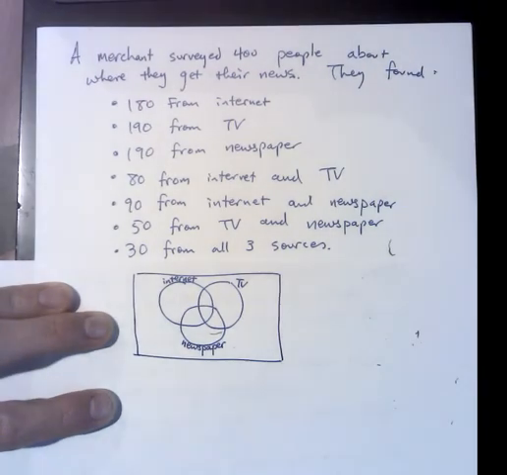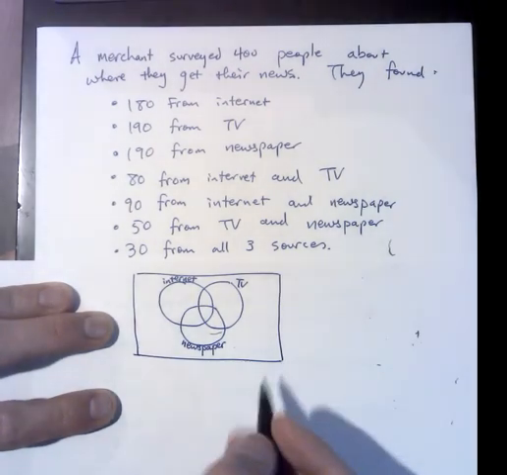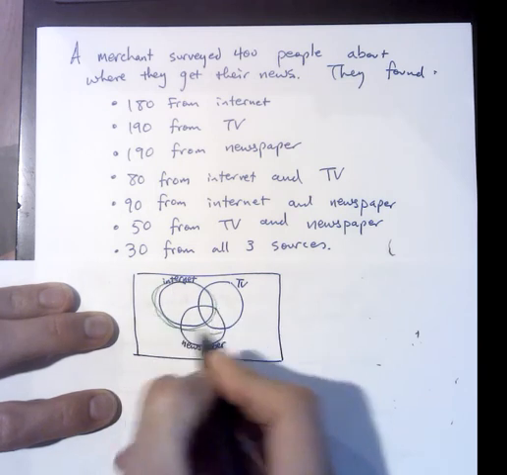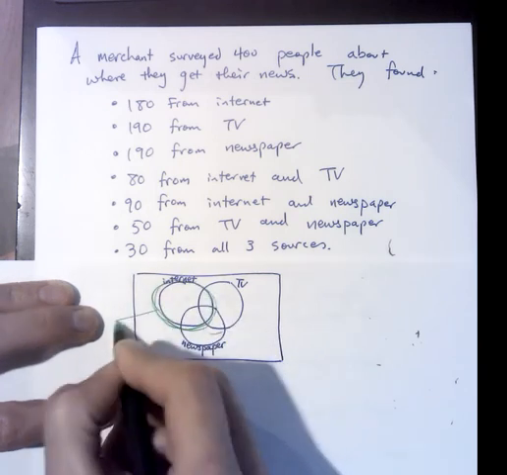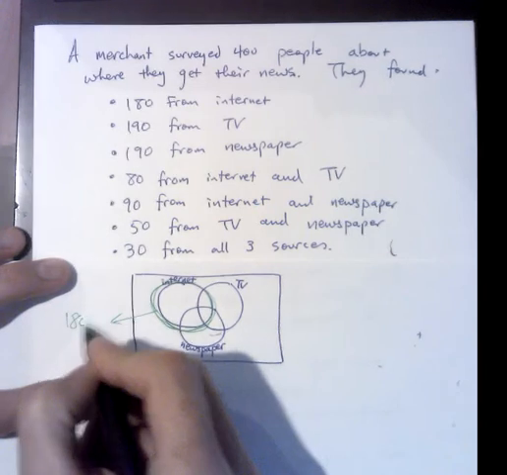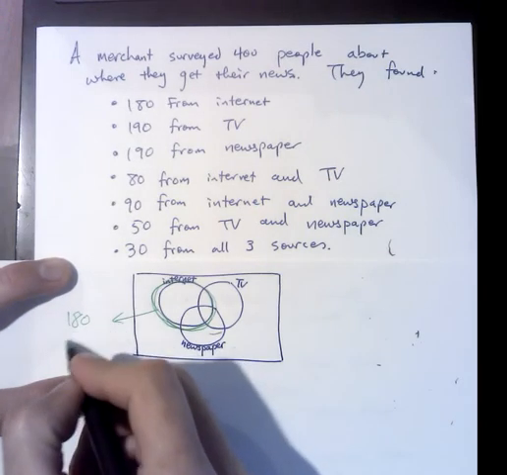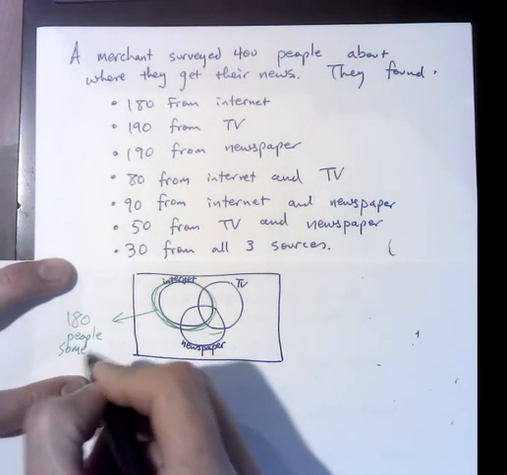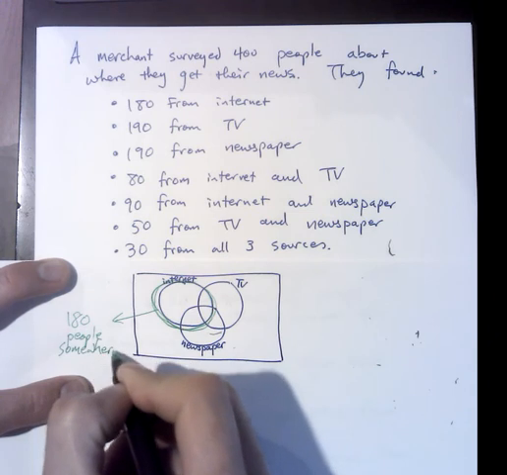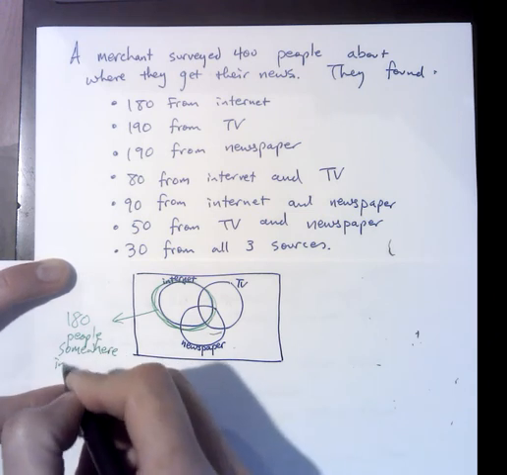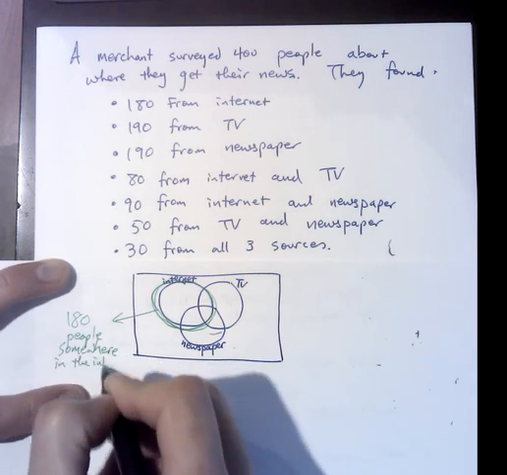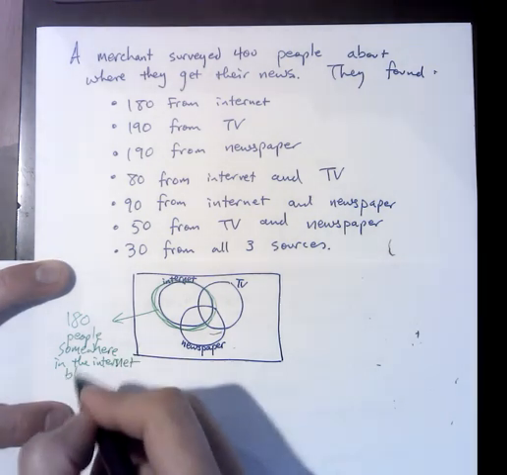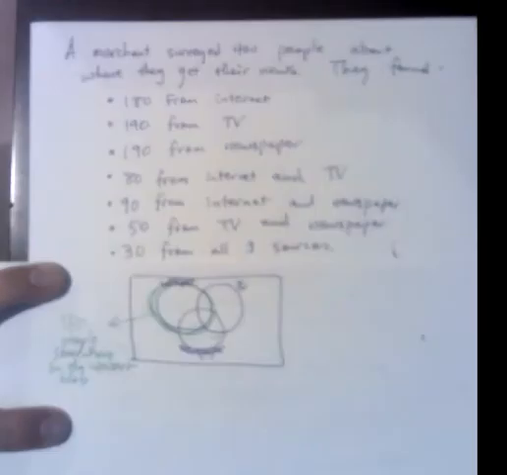When the problem tells me that 180 people get their news from the internet, what that means is that there are 180 people somewhere in that internet bubble. Now, the problem is I don't know where to put those 180 people.